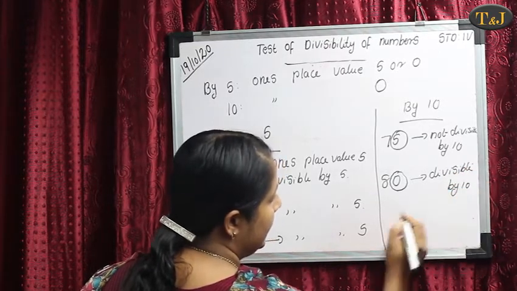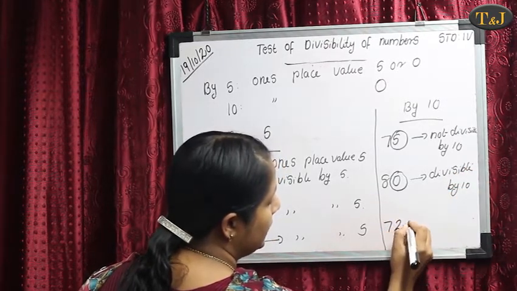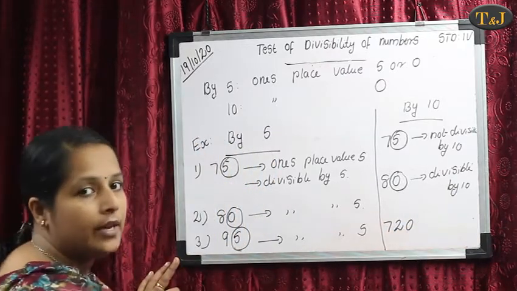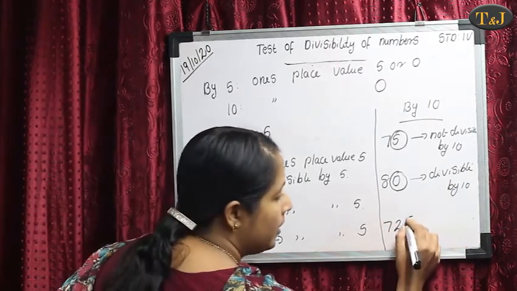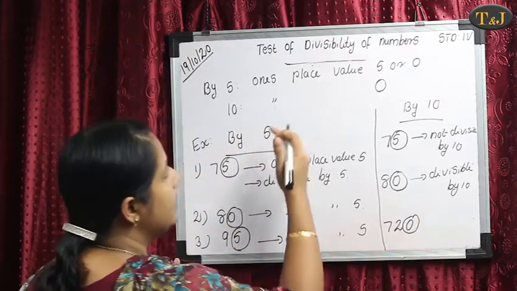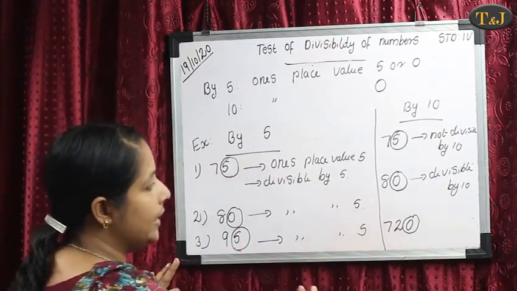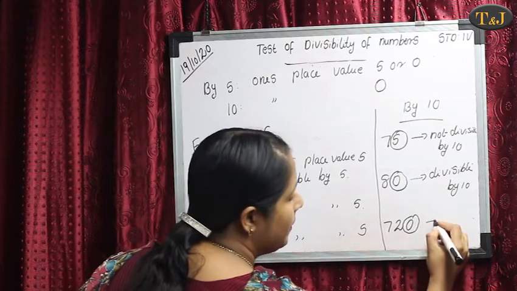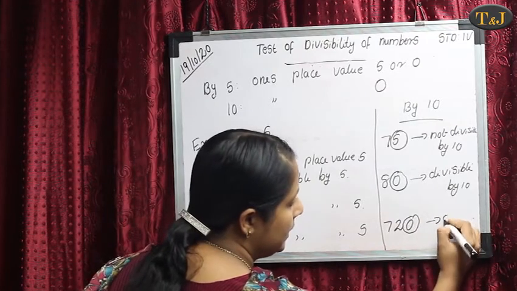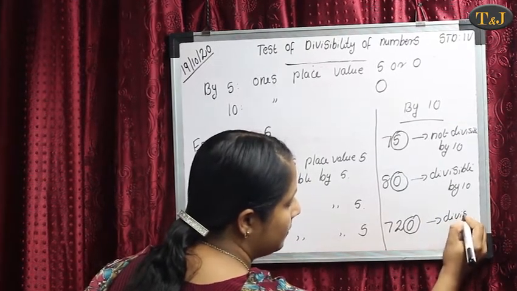Then next we are taking the number 720. Here the ones place value is 0. Yes, so our condition for 10 is satisfied, and 720 is divisible by the number 10.